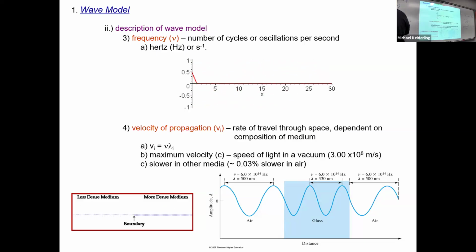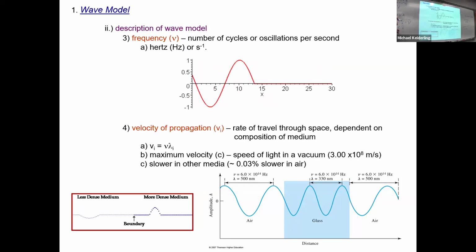And so frequency is equal to the speed of light, c, which is 3 times 10 to the 10 centimeters per second, because we want to use centimeters, times the wave number.